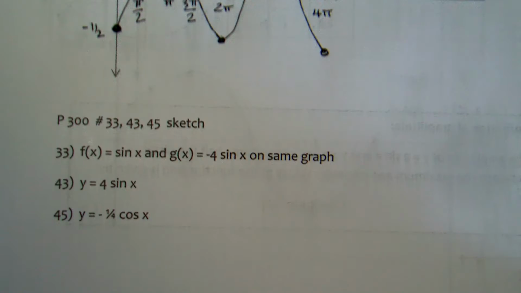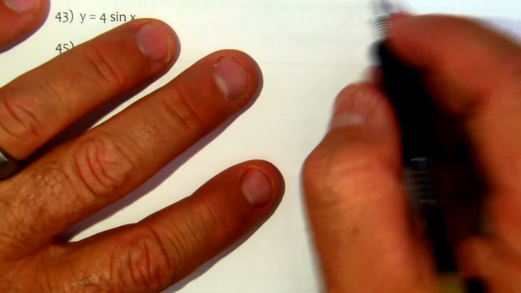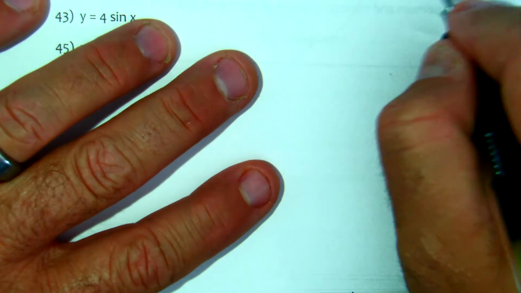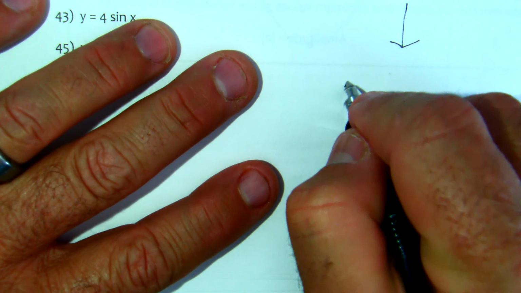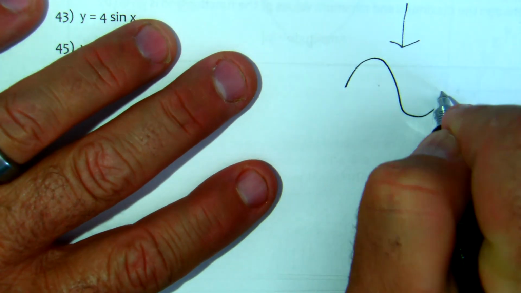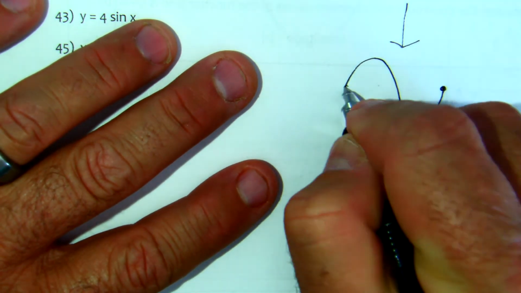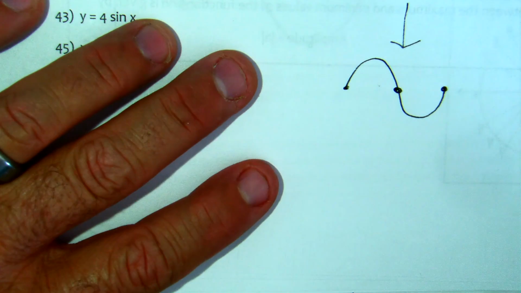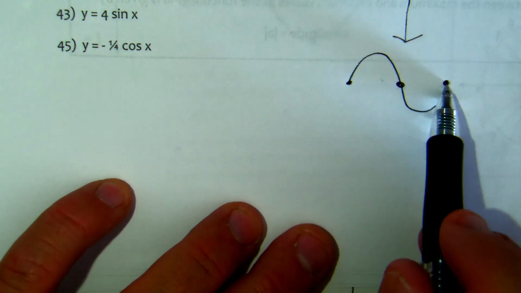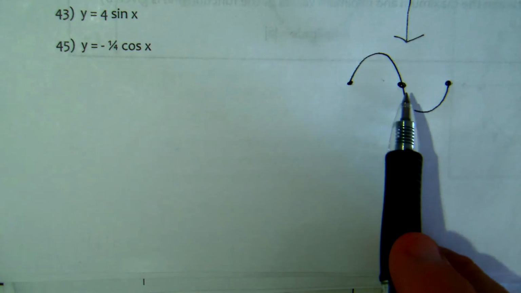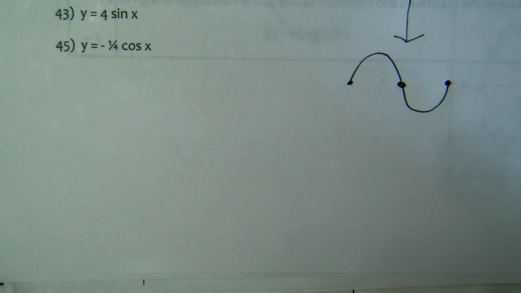So whenever you graph a sine or a cosine, sine's going to look like this each time. You put the zeros at the starting point, the middle point, and the end point.